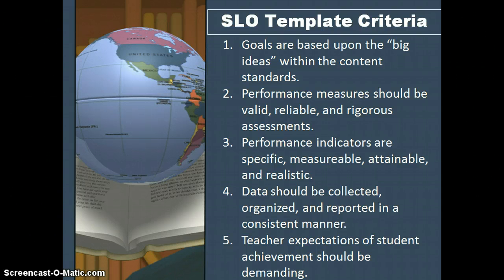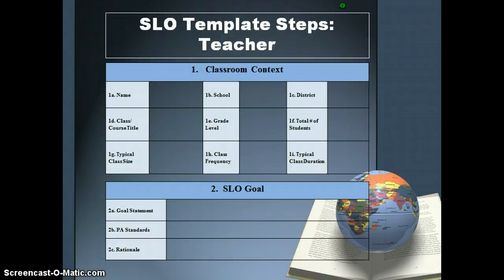The performance indicators will be data points that we can measure, that students can attain, and they'll be realistic. The data will be collected in an organized manner and reported in a consistent way. Keep in mind also that our teacher expectations of student achievement should be demanding.